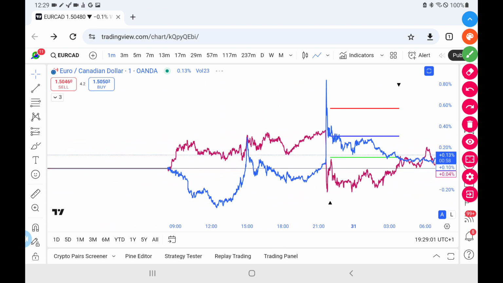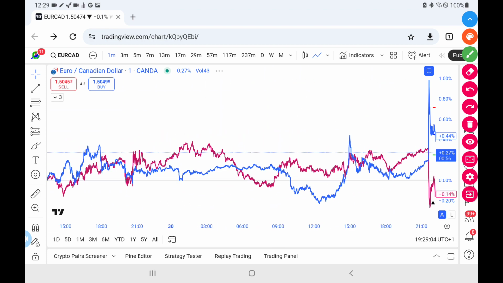Even when you come back a little further in the chart, you see that normalization where both assets want to hug each other. So this is not really a good correlation in terms of what we want. That is the opposite or the divergence of both price actions.